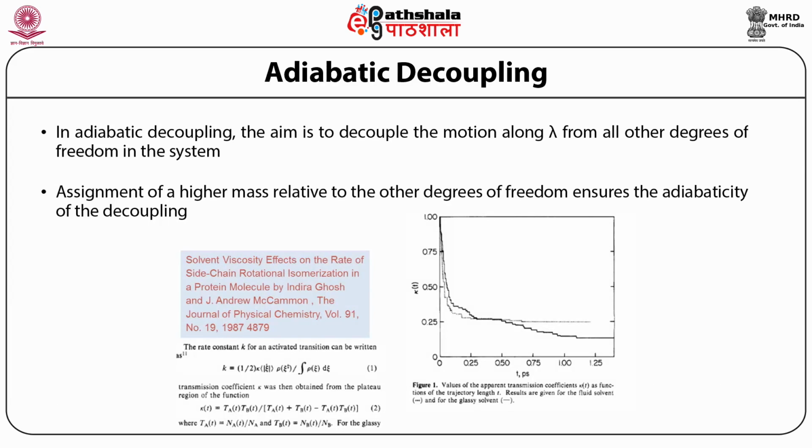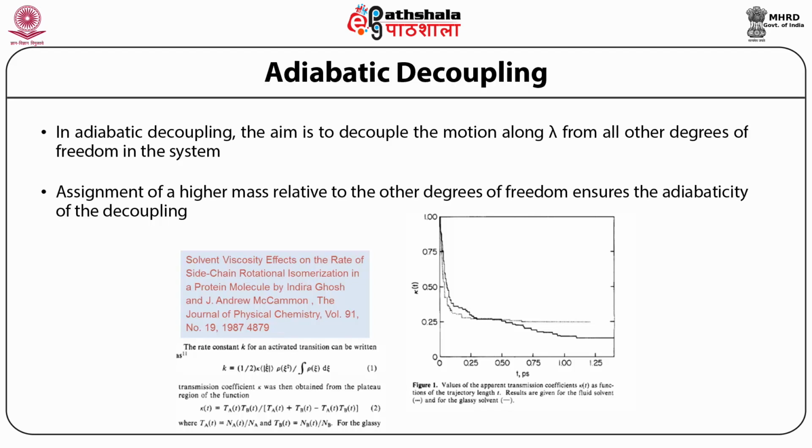What we are trying to do is slow down the motions which are hydrogen associated motions, which are not playing any dominant role in this potential barrier, which is across some of the dihedral angle or torsional angle space.